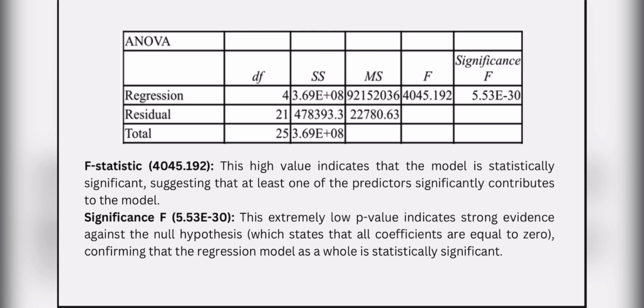When the significance F is smaller than 0.05, we reject the null hypothesis that all coefficients are 0, and we can say that the model is statistically significant. First and foremost, we want to know whether the model is significant or not.